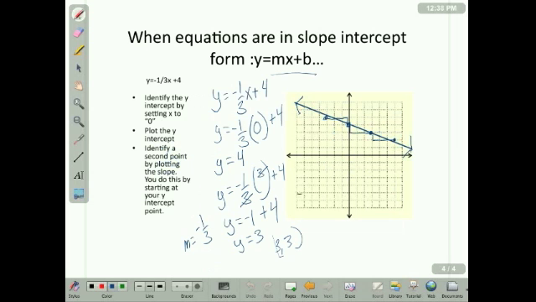When the equation is in slope-intercept form, y equals mx plus b, we set x to 0 and solve for y. And then we can either plot the slope, or we can replace the x with the denominator and solve for y again.